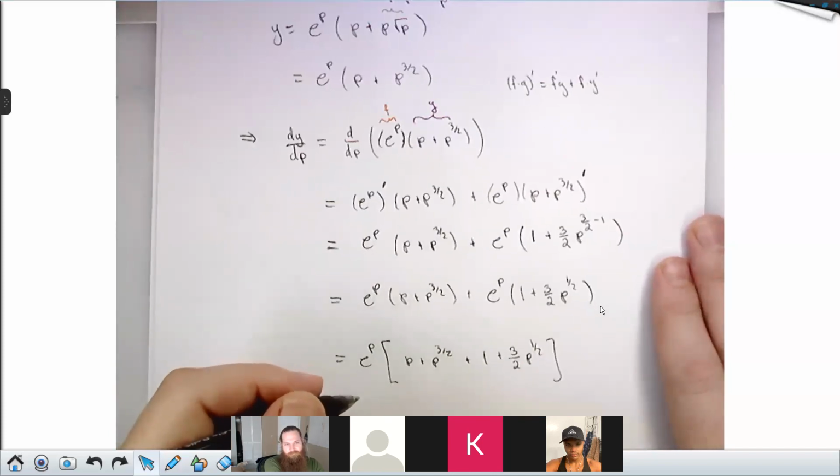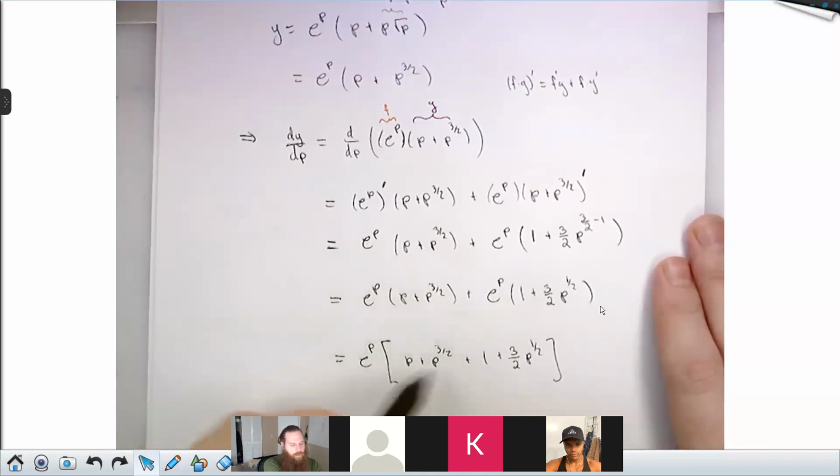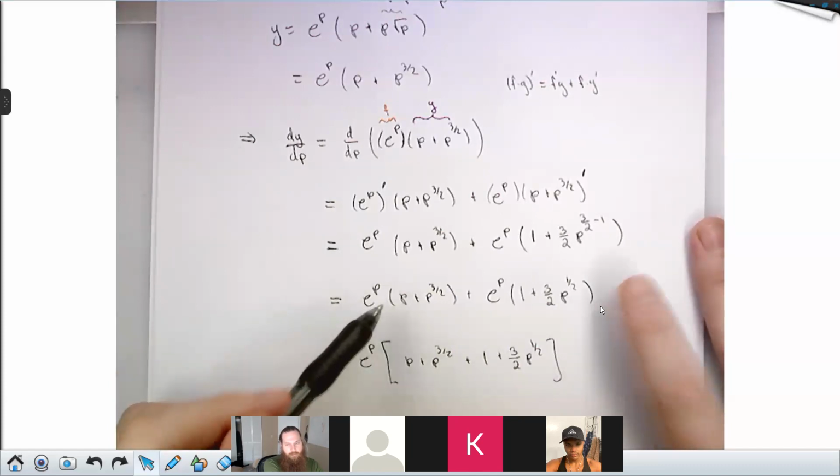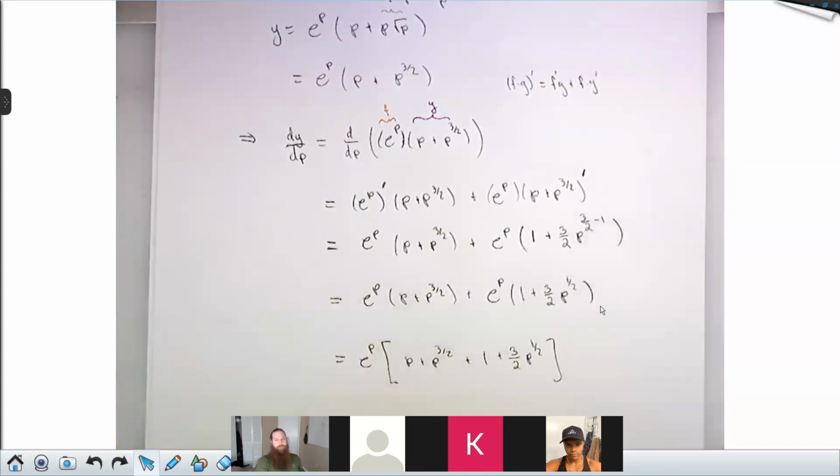It's really not making things nicer. Because there aren't any like terms in here I can combine. This is p, this is the square root of p cubed, this is a constant, this is the square root of p. So for my money, this is fine. Feeling good on this? Any questions on this?